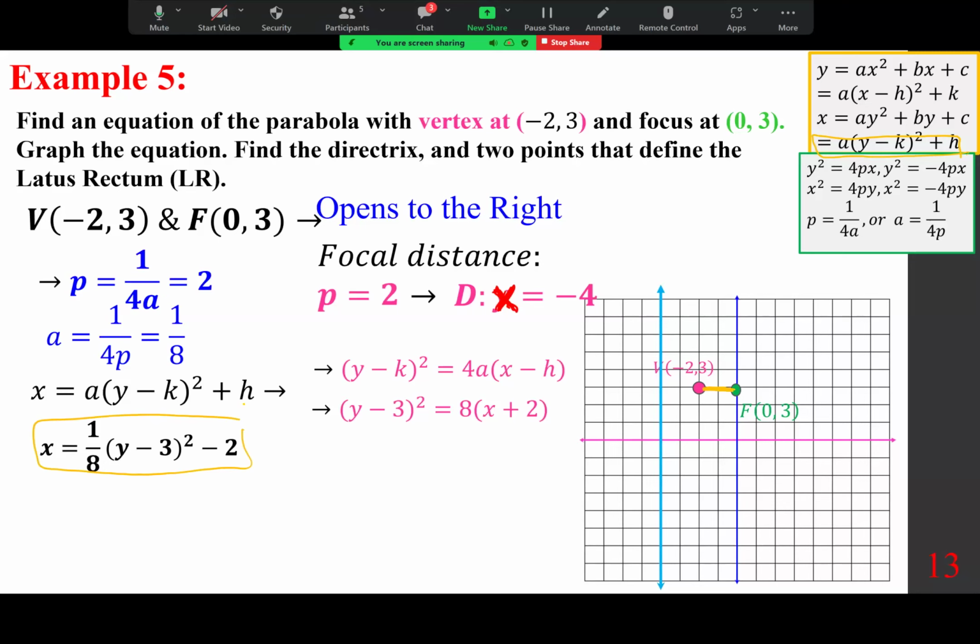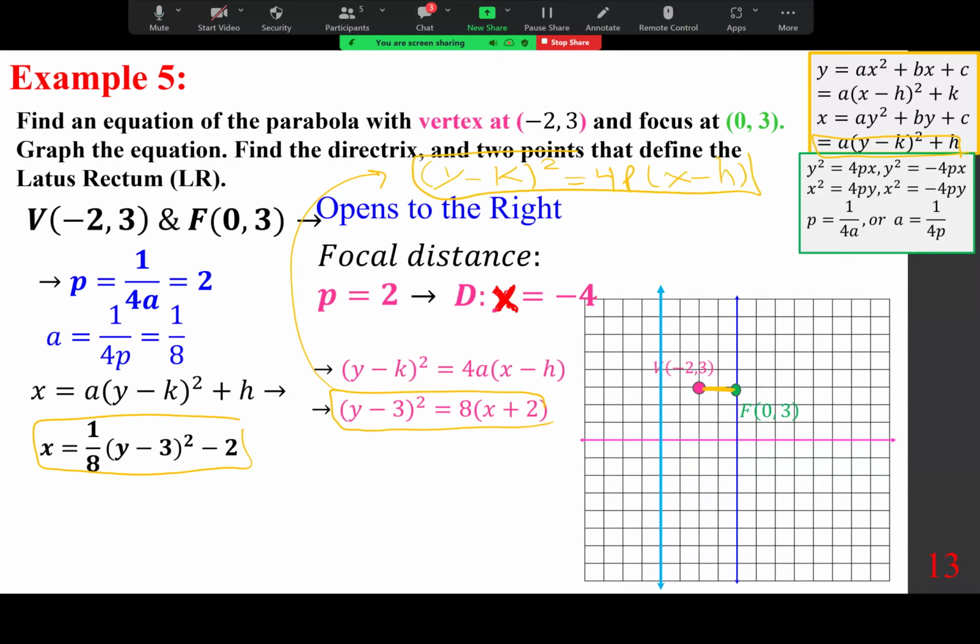Just for the sake of argument, I'm going to write it up here because I don't have enough room, so I put it up there. (y - k)^2 = 4p(x - k).